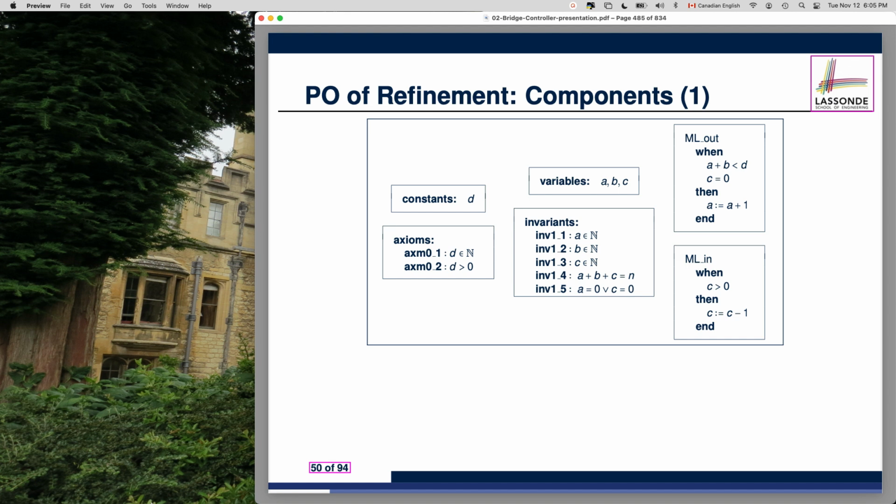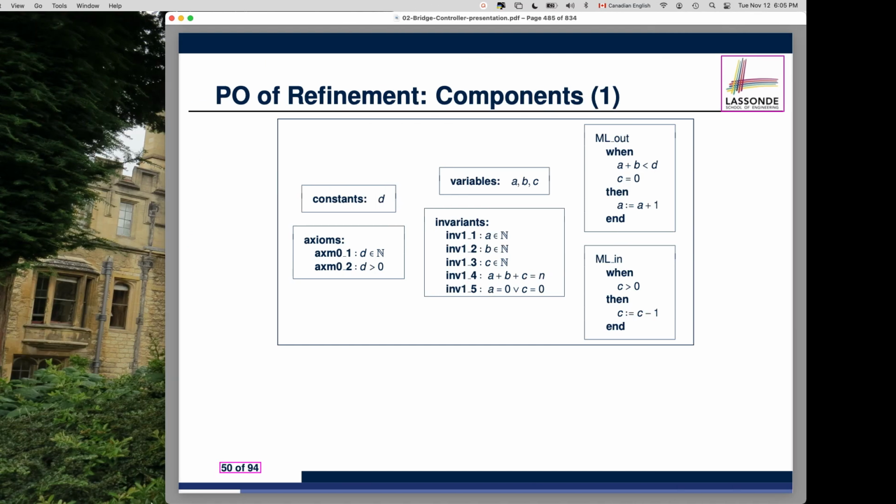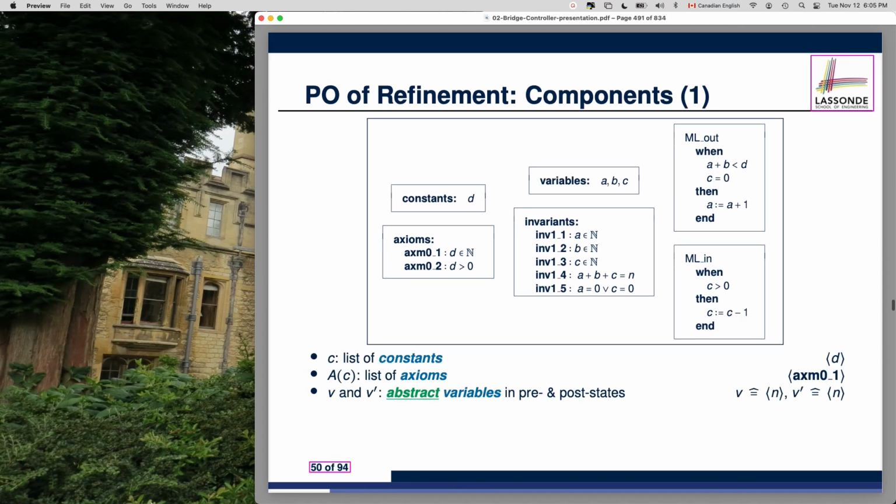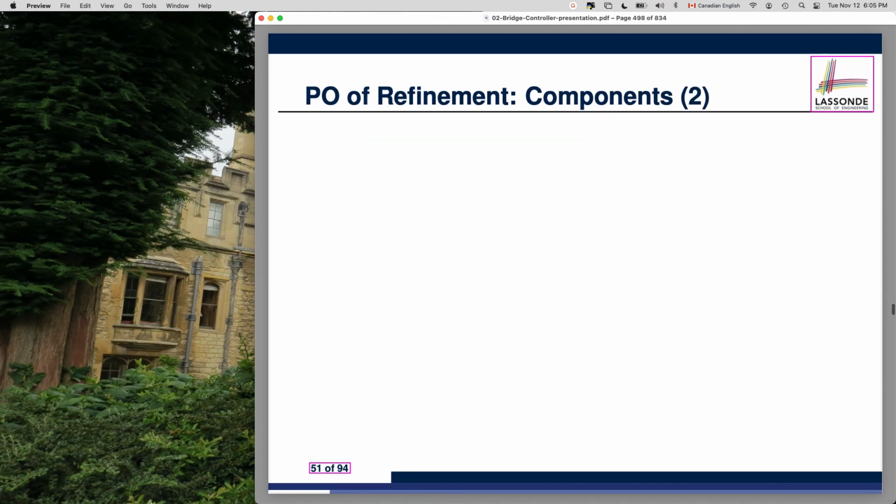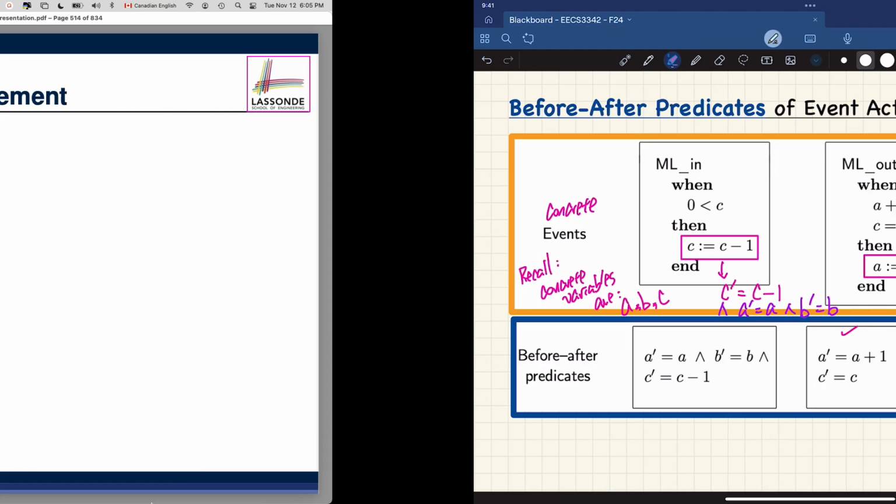The notation that we covered about 2 or 3 lectures ago covered just the abstract states. But now we're going to talk about the concrete state as well. We're going to go over the notation one by one. So it will be slides 50, 51 and 52. These 3 slides. Let's now go over them one by one.